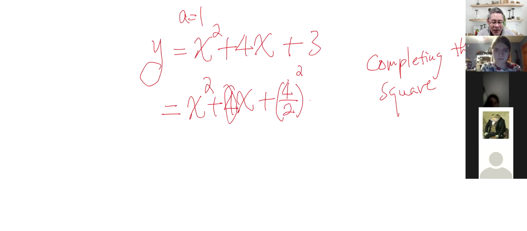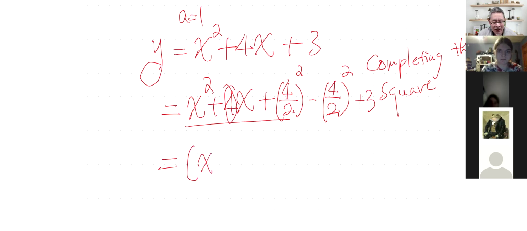So basically we're adding 0, but we separate it into two parts. And so now we have this. Then we can make this part a square, which is (x plus 2) squared. Now this side, of course, is 4 divided by 2 is 2, 2 squared is 4, plus 3. Then we got (x plus 2) squared minus 1.